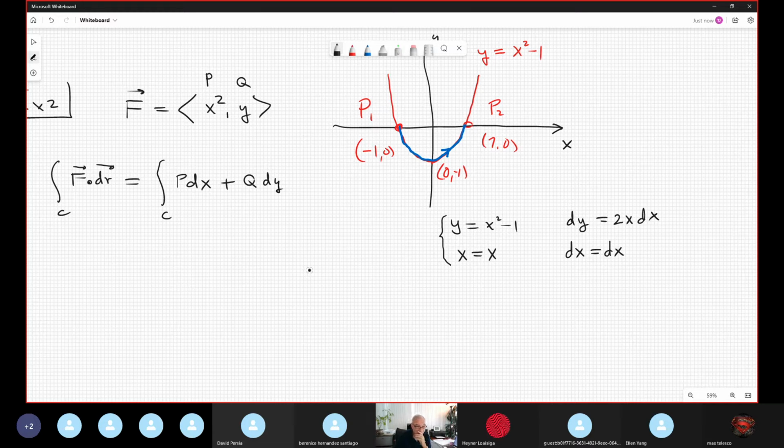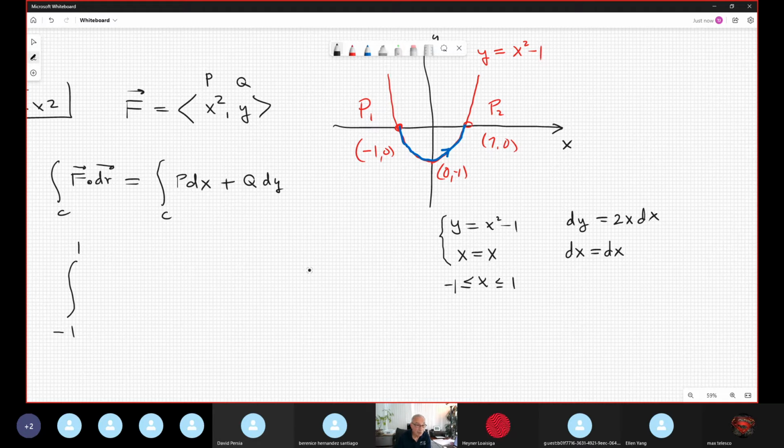Now you are transforming this circulation line integral in this vector field into one classical regular integral, from Calculus 1, going from -1 to +1. By the way, I forgot to say that x varies from -1 to +1. This is like a t, but it's not t, it's x.